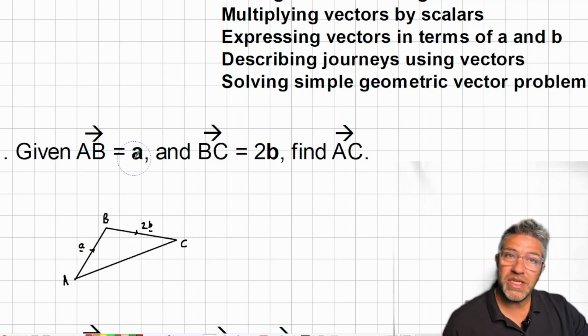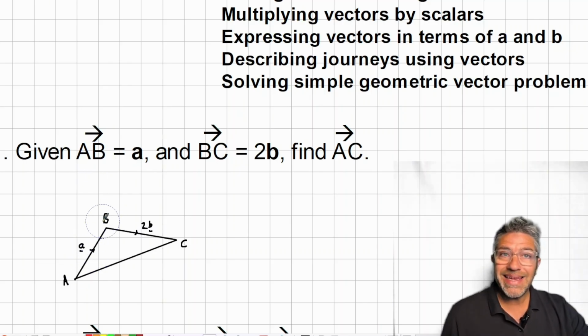In the question, it's bold type, but where I've done my handwriting, I've used the line underneath to denote vector. And you'll see I've drawn an arrow that goes in the same direction as the vector in the question. Because we're going from A to B, my arrow goes from A to B, indicating that same direction.